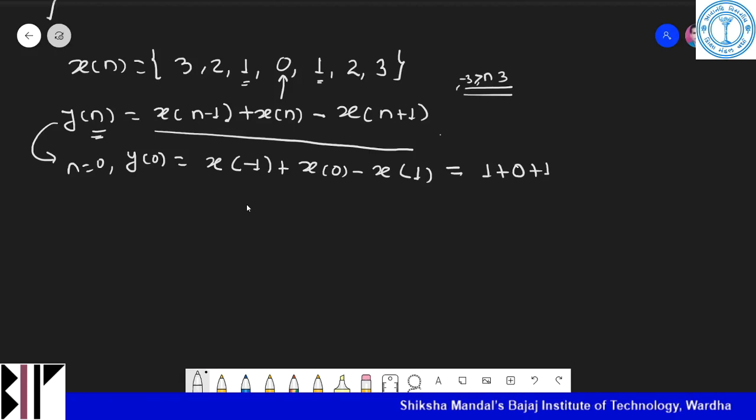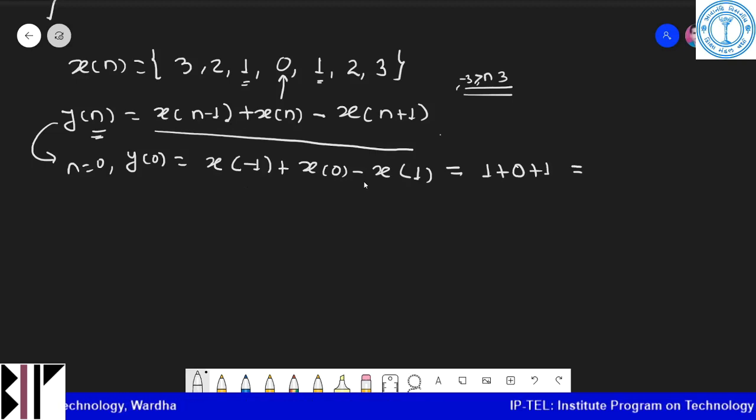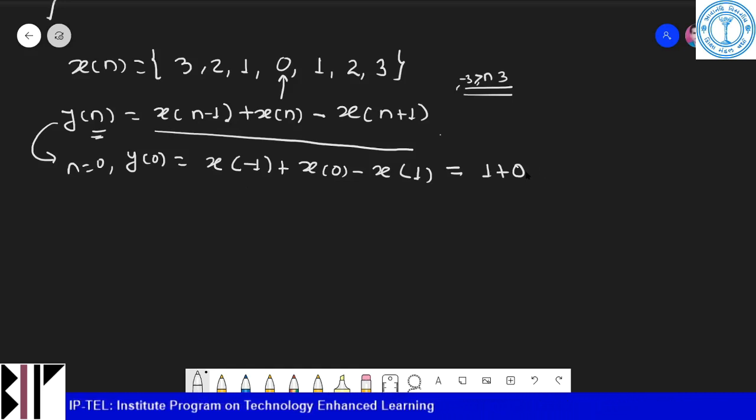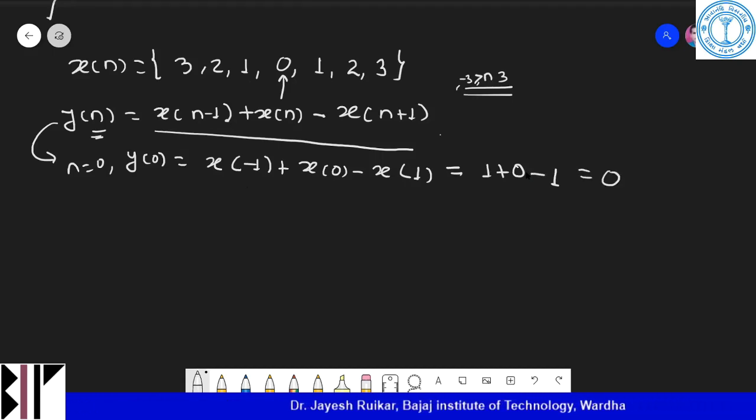So 0 plus 0 minus 1. There is a negative sign, so its value is equal to minus 1.